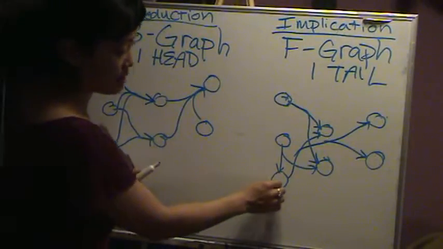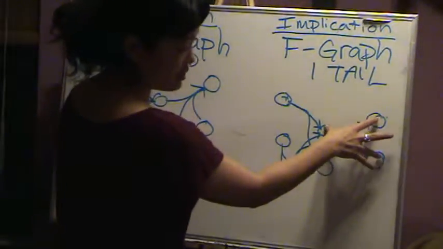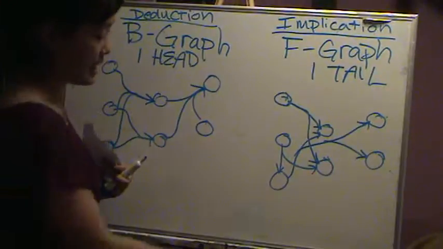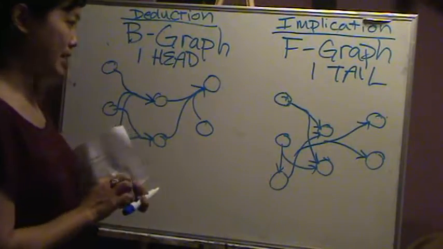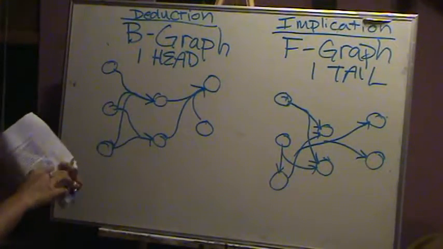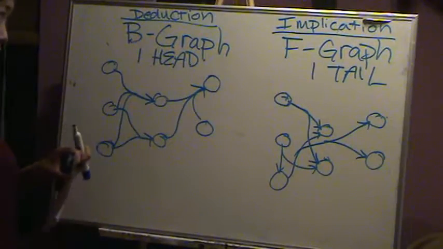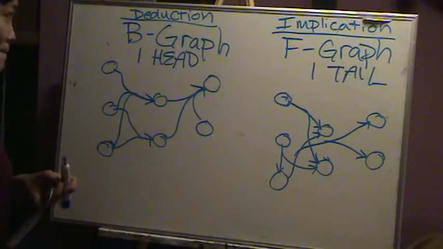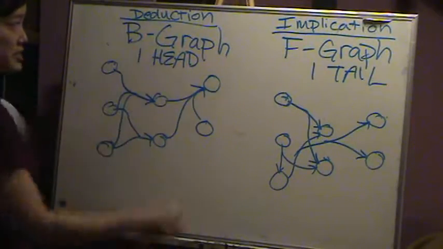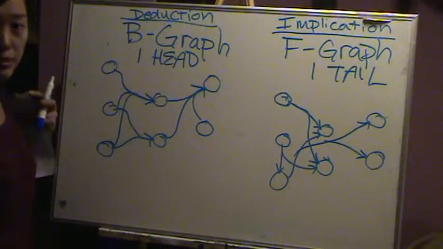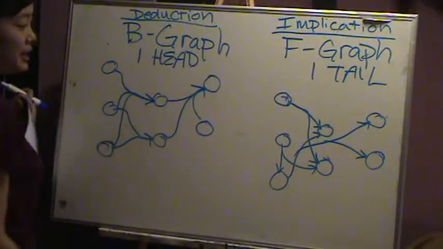This node right here implies these 3 nodes, which are its head. And so these 2 types of graphs are studied a lot, and they're very good for situations of deduction and implication.